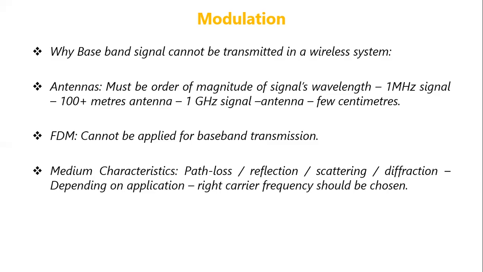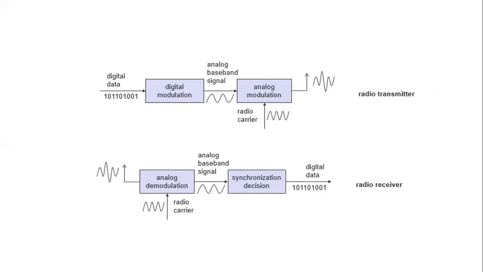So these are some of the reasons why the baseband signal cannot be transmitted directly. Rather, it should go through a process, and that process is called analog modulation. So what we have discussed so far is that if you want to transmit any digital signal through a wireless medium, first you have to convert the digital signal to an analog signal.